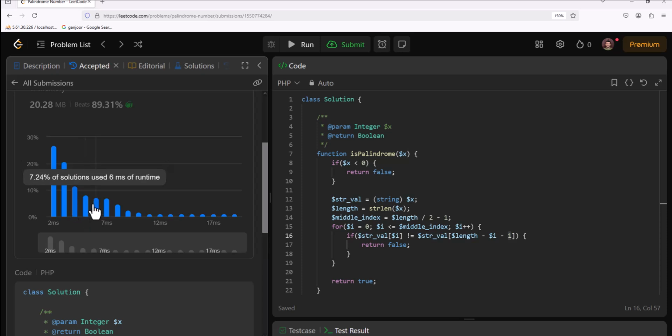Oh, I found another way to solve this problem.